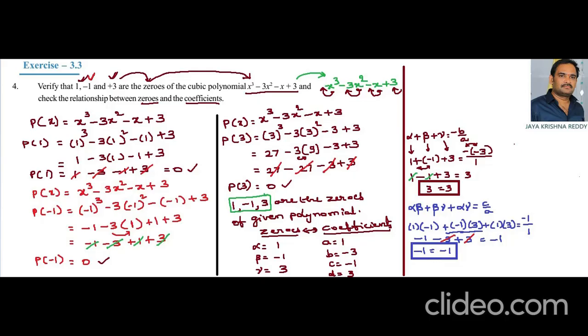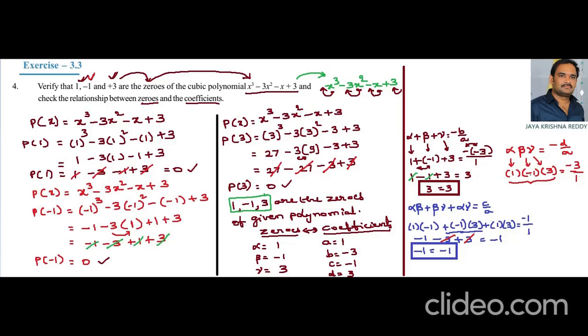Now the third formula, alpha into beta into gamma equals minus d by a. So what is the value of alpha? 1 into beta value is minus 1 into gamma value is 3 equals minus of d is 3 by a value 1. So here we have to multiply these numbers 1, minus 1 and 3. First multiply the symbols. 1 has positive, 3 has positive and another one has negative.